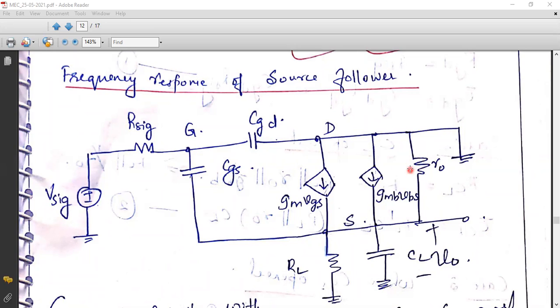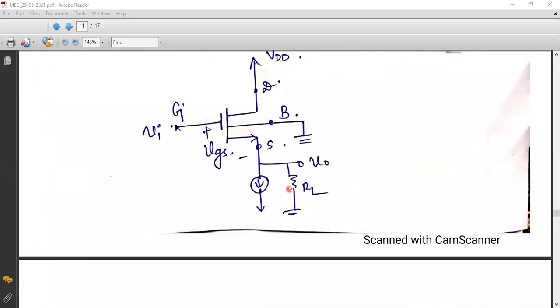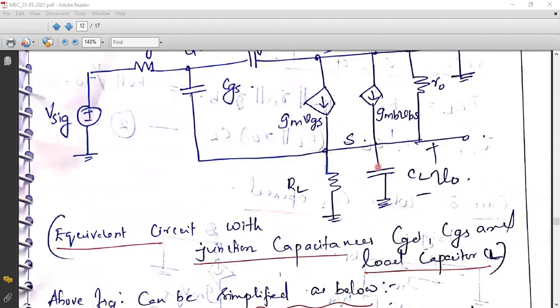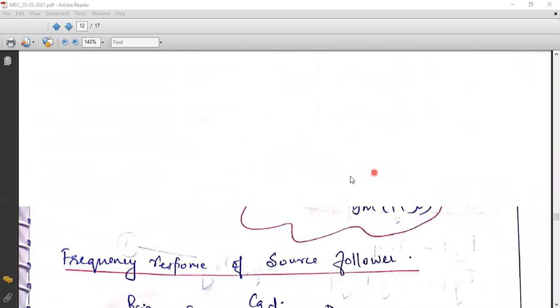Then we also make use of the internal resistance r0, which connects across the drain and source. With reference to this main circuit, we also have a load resistance RL at the source, so that will also be incorporated. Now, where did CL come from? Same concept as the previous one.